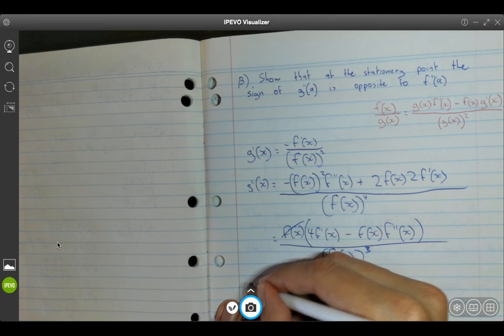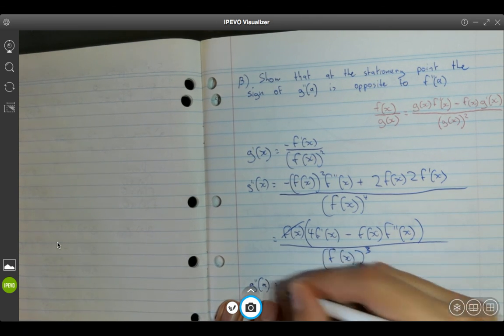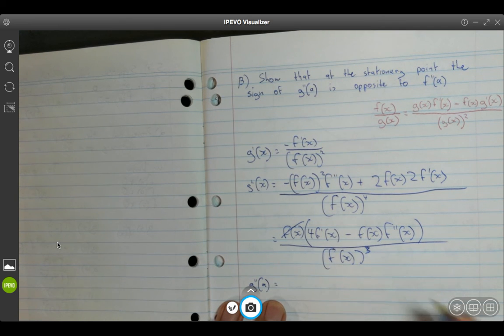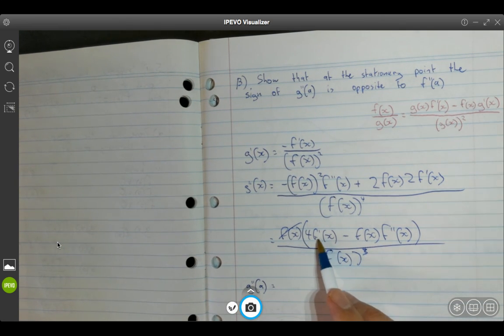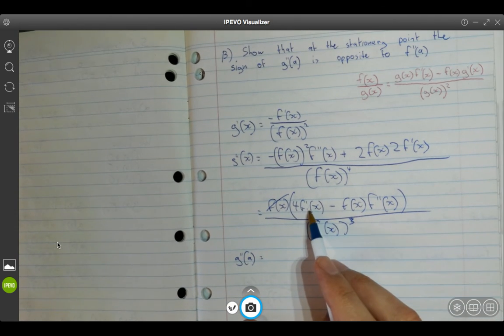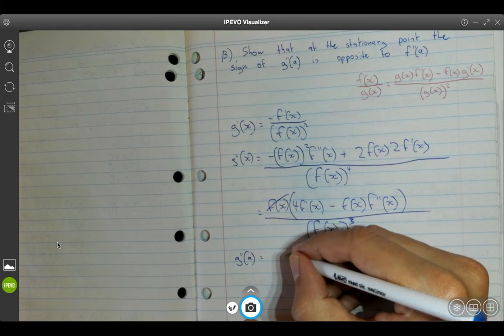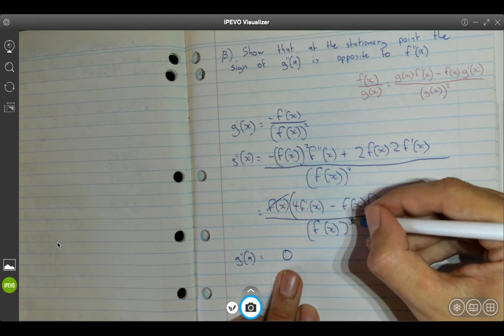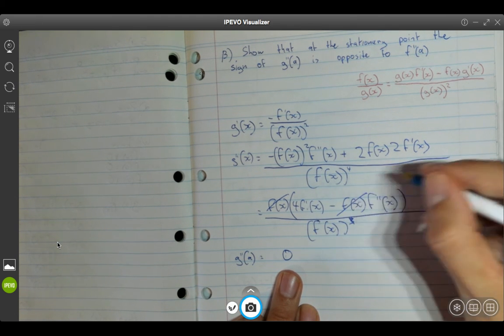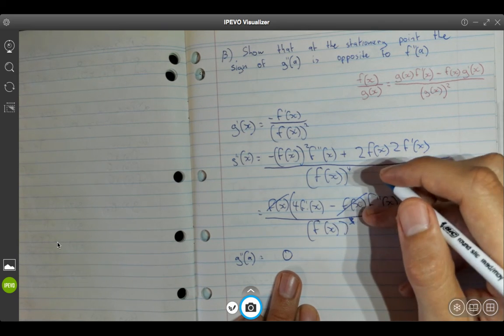Now let's sub in our a. So this is going to become 0 because we know that f prime of a is 0. So we're just going to write 0 here. And then this is going to cancel as well, because this is gone.